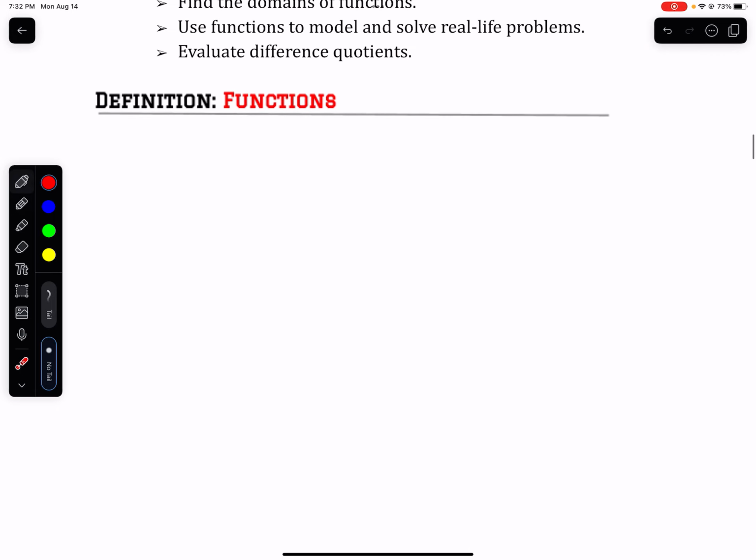So as far as the definition for functions, a function, and usually we use the letter f, so let me go and put that.